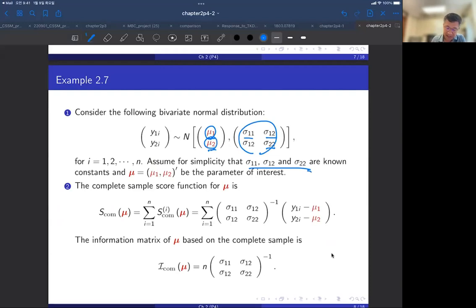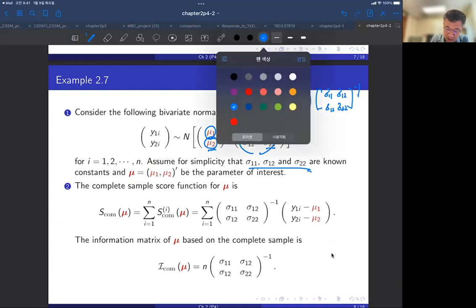And then the joint density. Remember that this is Gaussian, right? So it's like this: y1 minus mu1, y2 minus mu2, times the inverse of the matrix sigma 1 1, sigma 1 2, sigma 1 2, sigma 2 2.